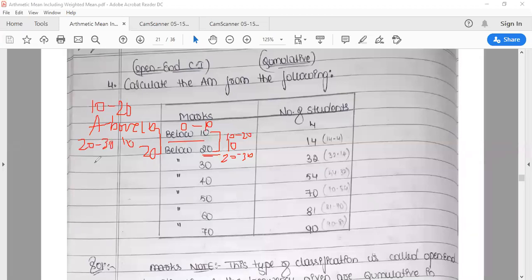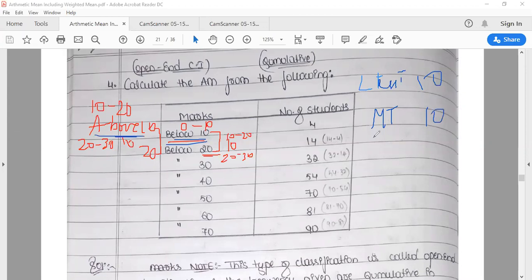Another way of giving the problems is less than or more than. Less than 10 is like below 10, and more than 10 is like above 10.